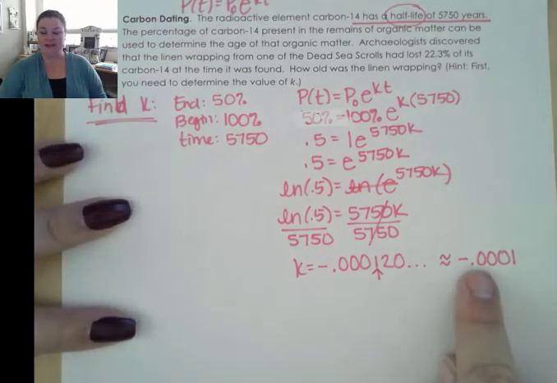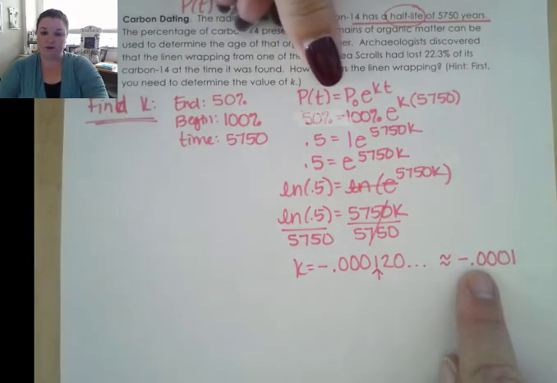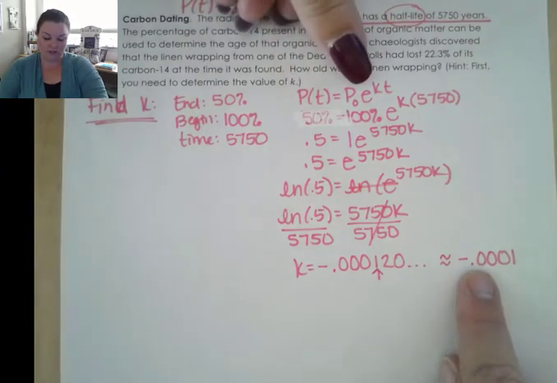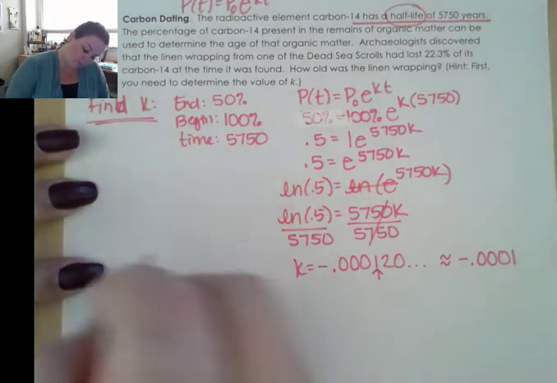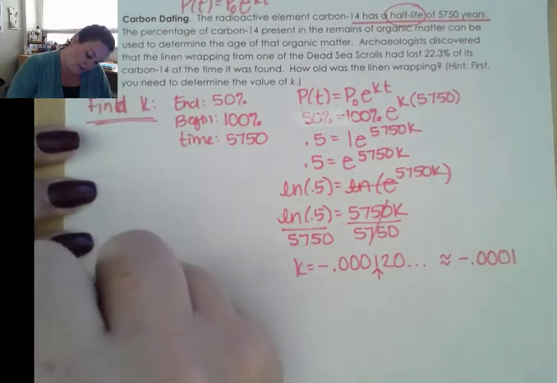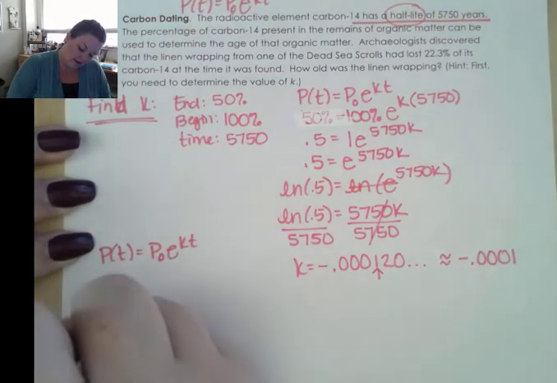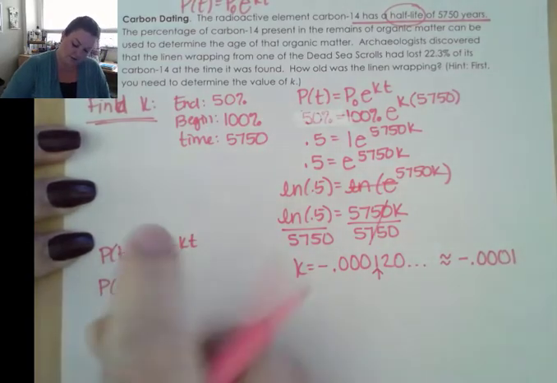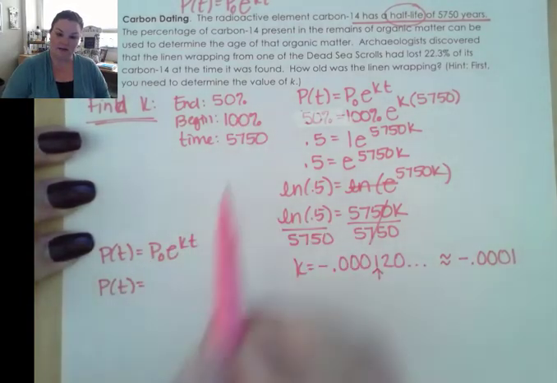So now that we know what k is, we should be able to come up with our function, right? Because our function is equal to our starting amount times e raised to our rate, which we now know, times t. So our function, P of t equals P naught e to the kt. We have P of t is equal to, now remember, our beginning amount is 100%, right?